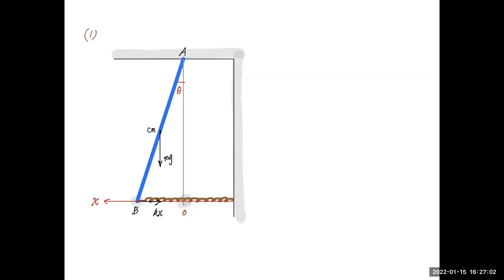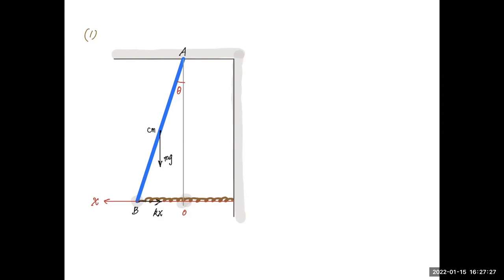Now, there are two forces that do provide a torque. One is gravity. As you know, gravity causes a counterclockwise torque about point A. And the other is the force of the spring, Kx, that also provides a counterclockwise torque. So both provide counterclockwise torque as theta increases.